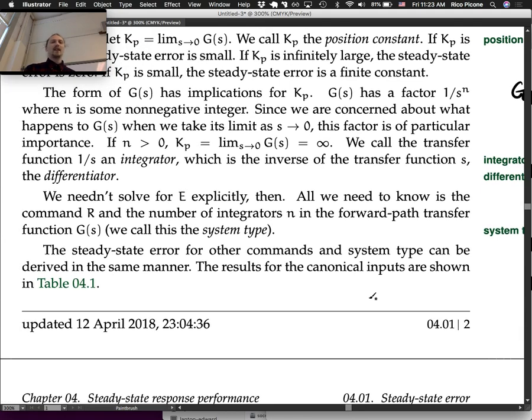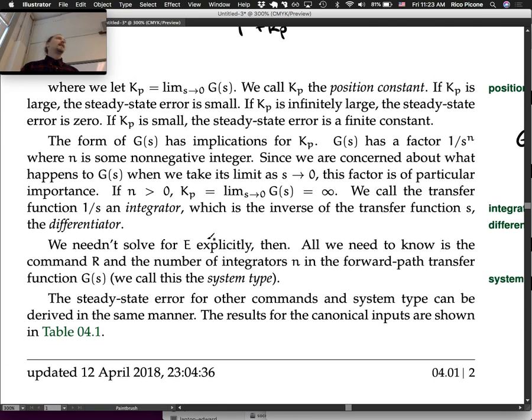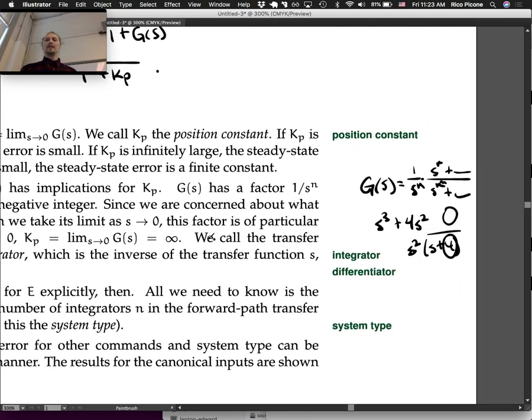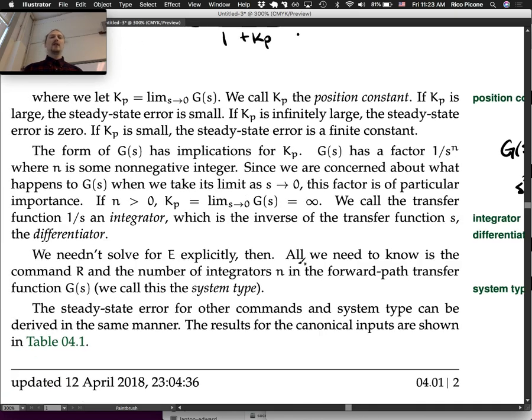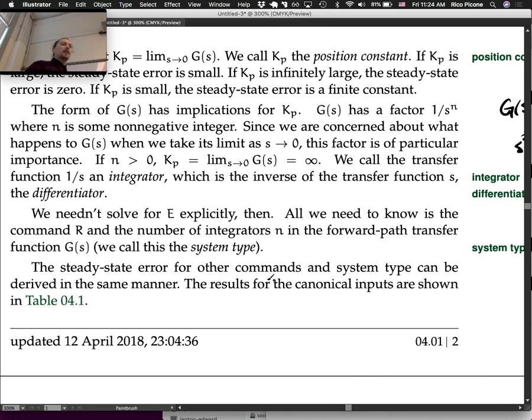We didn't actually solve for E explicitly. All we did was we know how many integrators are in G, and we can find out a lot. So all we need to know is the command R and the number of integrators n in the forward path transfer function G. We call the number of integrators the system type.